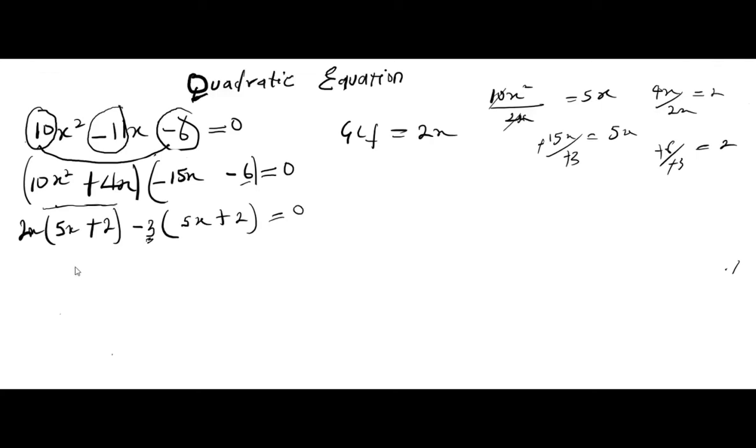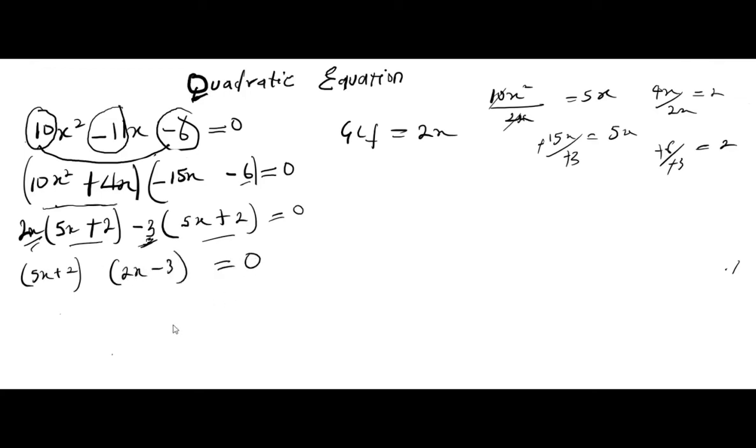So when you have two common brackets, you take one of the brackets. So you have here 5x plus 2, and you consider the GCFs, 2x minus 3 equals 0.